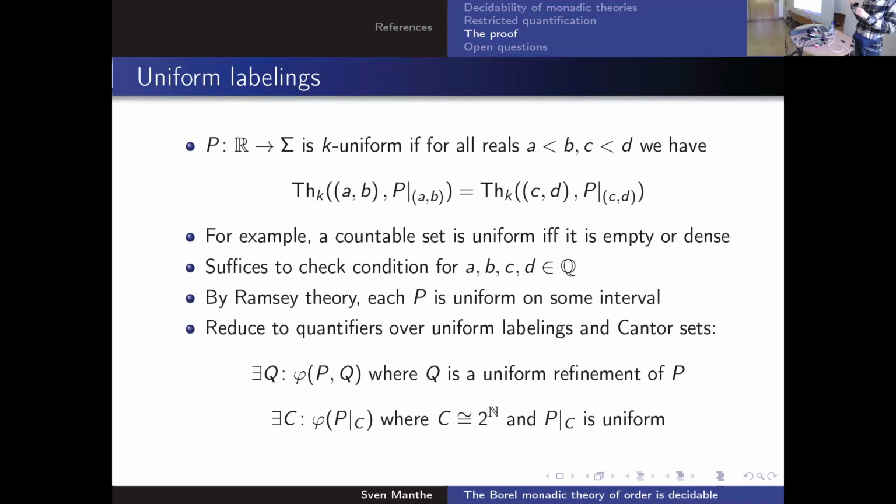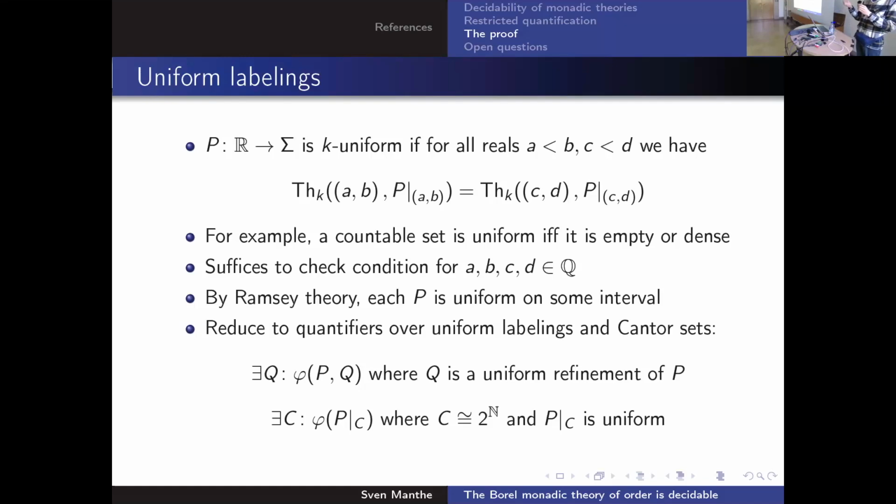First, one can show by a compositionality argument that it suffices to check the condition for intervals with n points in a given dense set, say the rational numbers. And then by some Ramsey theoretic argument, one can see that actually everything is uniform on some interval and use this to get a rich supply of uniform intervals.